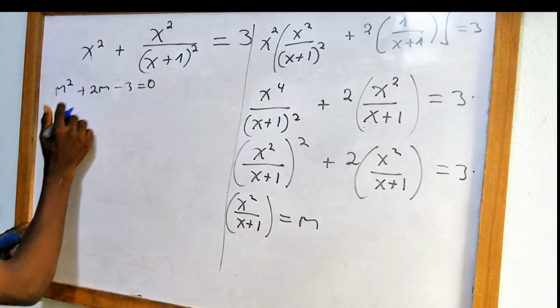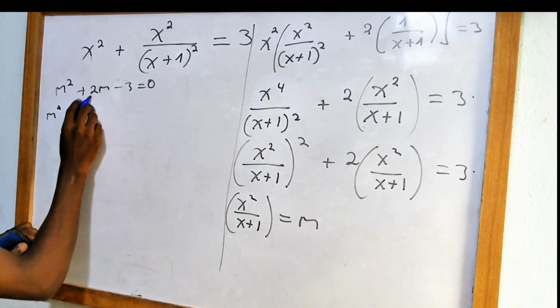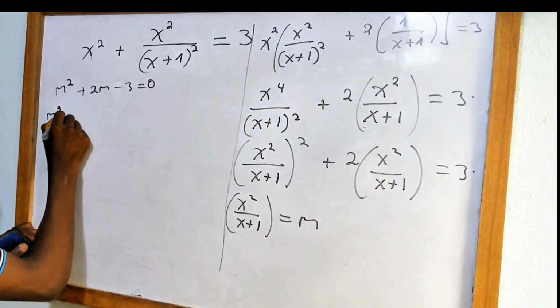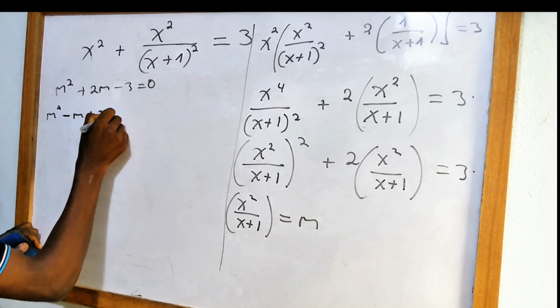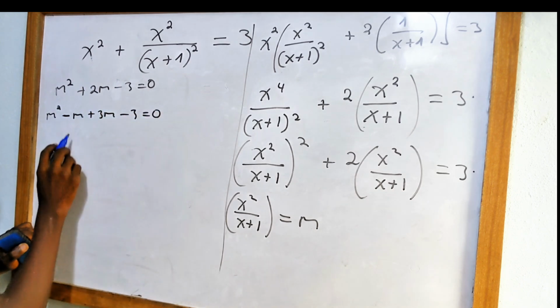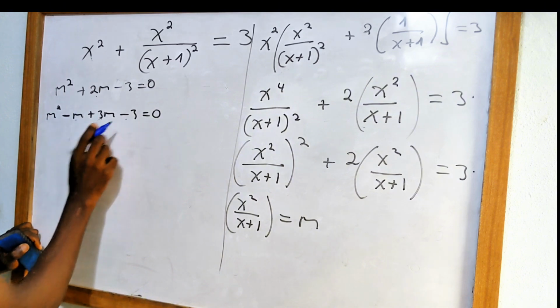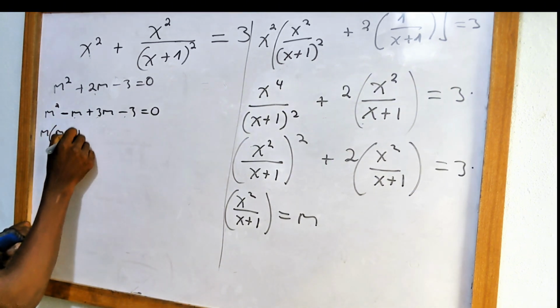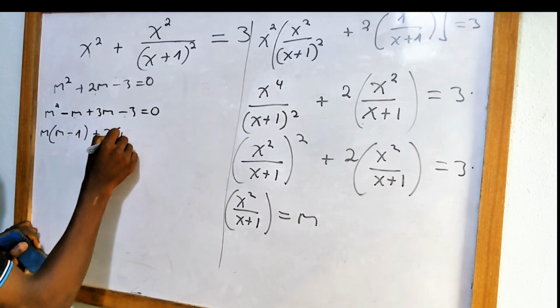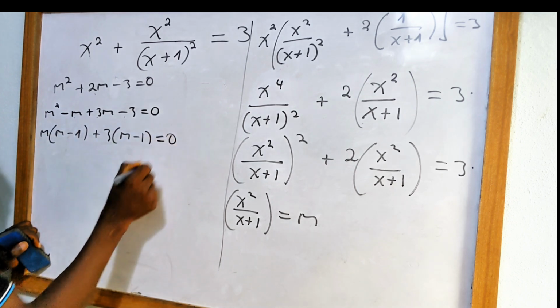At this point, you can factorize this. You have m square, a number that will multiply, minus m plus 3m minus 3 equals 0. You add this, you have 2m, you multiply this, you have minus 3. Nice. How we factorize? You have m outside into (m minus 1) plus 3 into (m minus 1) equals 0.